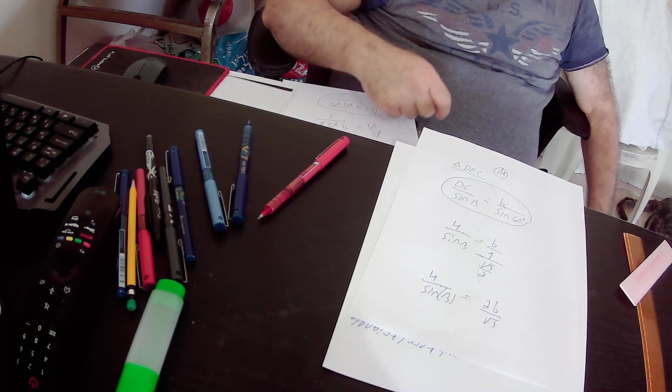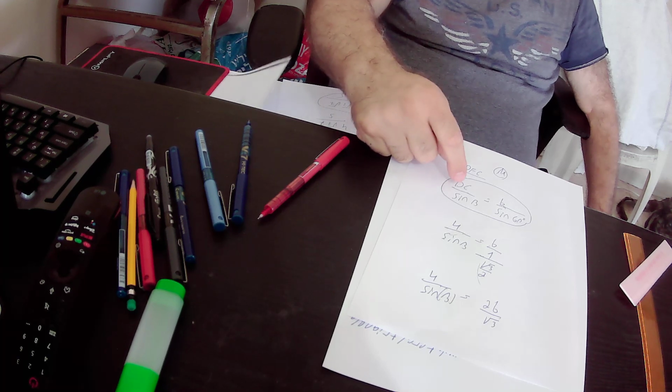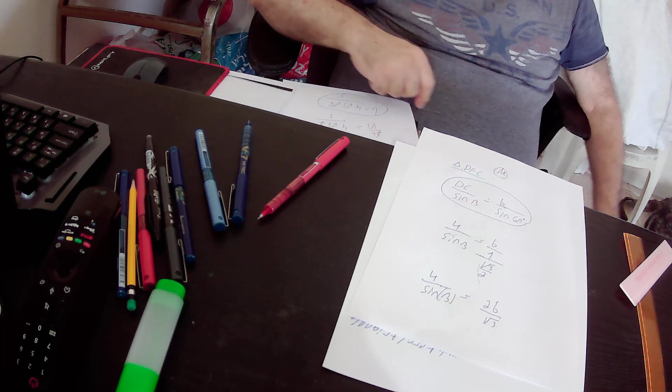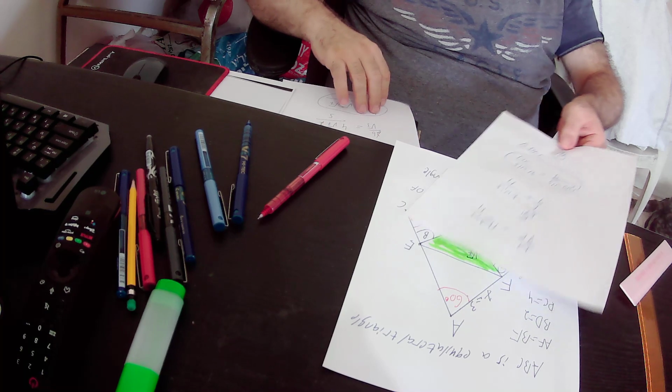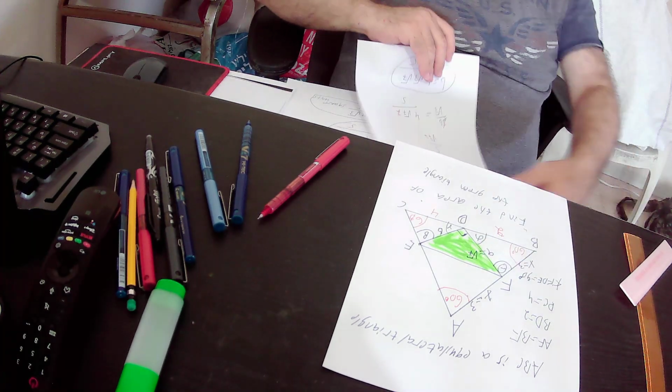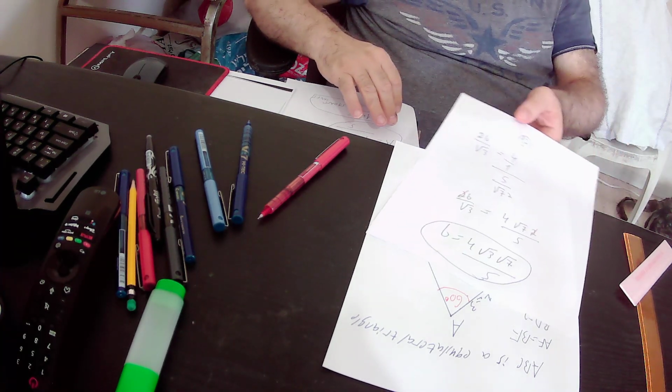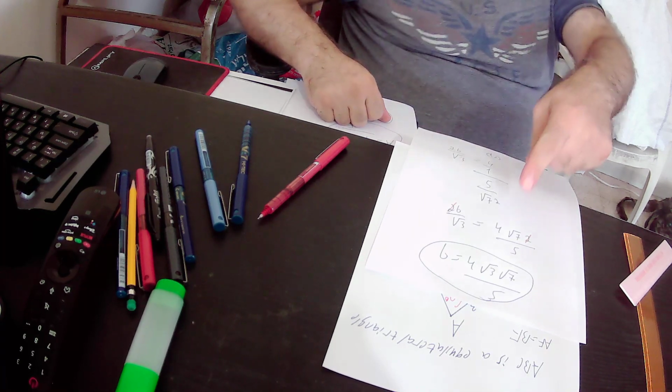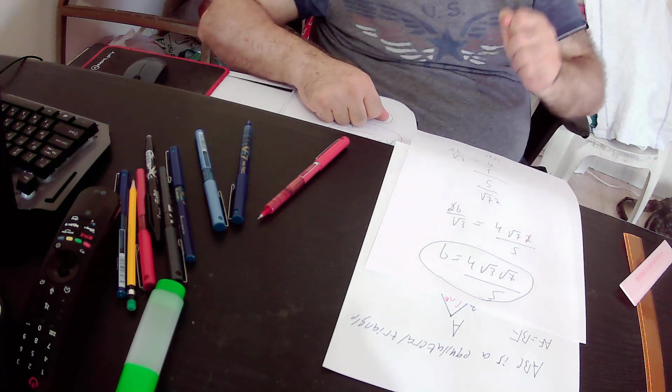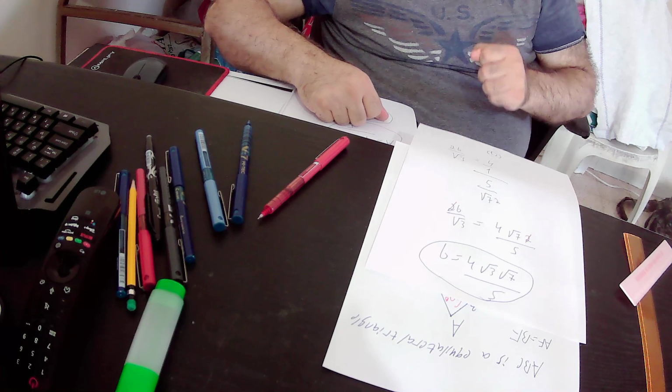Okay, so we put the data inside this equality, and we found out that the value of b is actually 4 times root 3 times root 7 over 5 units.